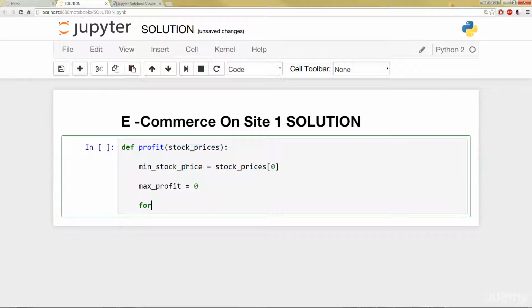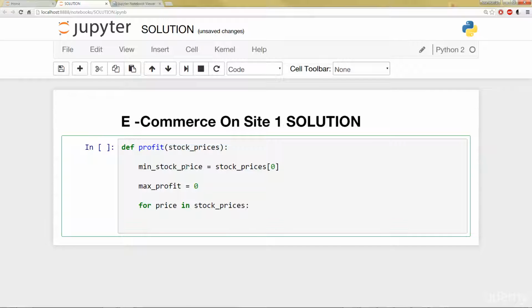Max profit, what we want to return at the end, equals 0. And then what we're going to do is say for price in stock prices, we're going to do a couple things. First, we're going to check to set the lowest stock price so far. So I'm going to say minimum stock price equals, and I'm going to compare using the min function, which returns the minimum given 2 arguments.